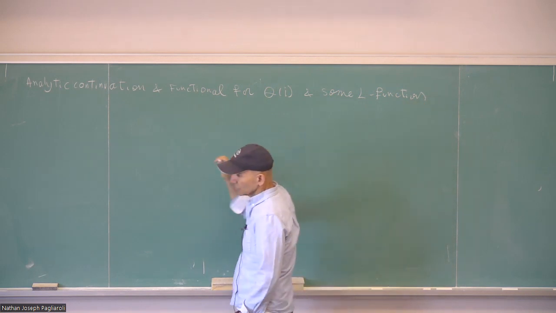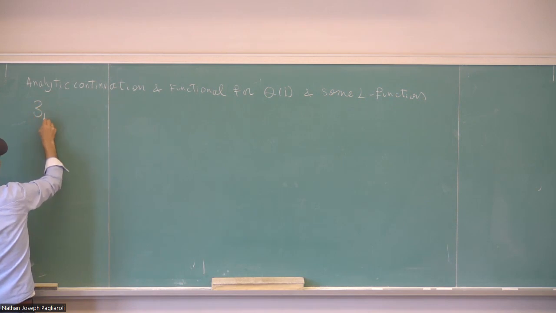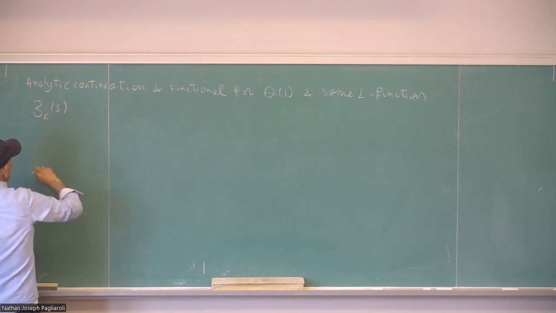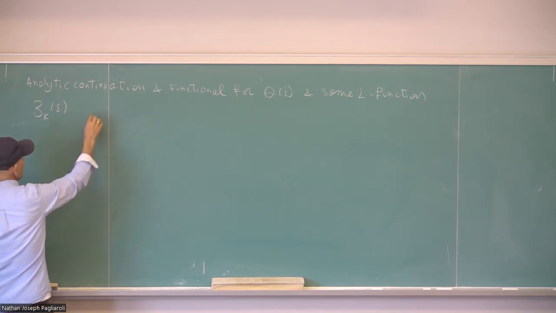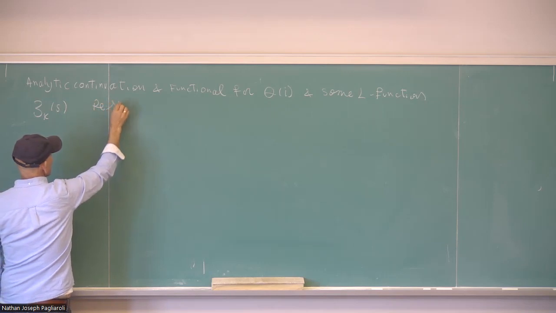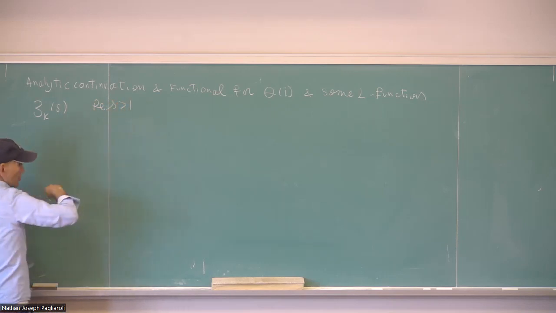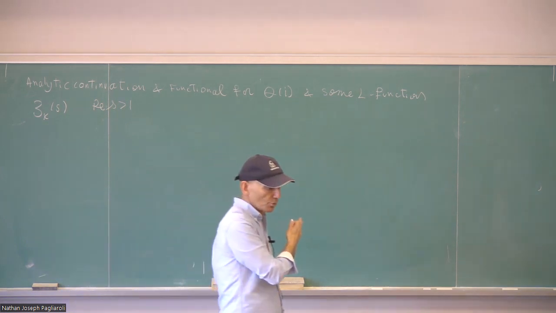So there are two issues. In general, we have this thing. We know that it's convergent for real part of s bigger than 1, originally. And of course, the question is why it can be analytically continued to the whole complex plane.